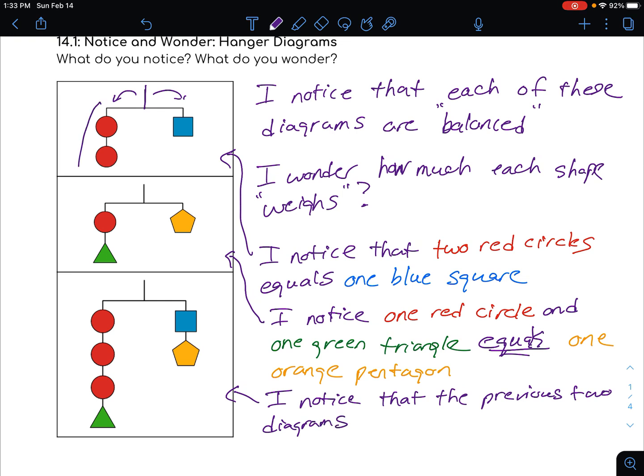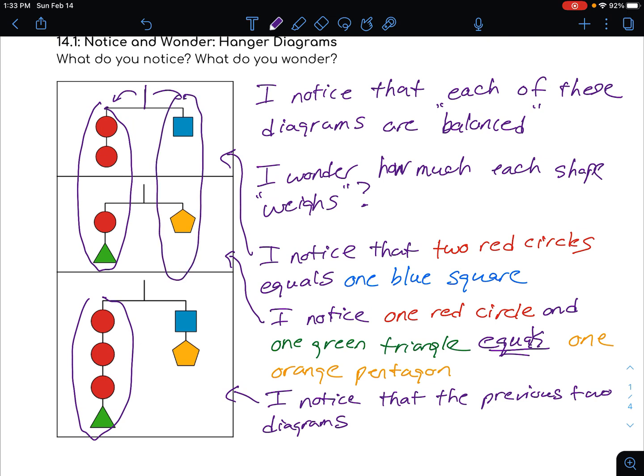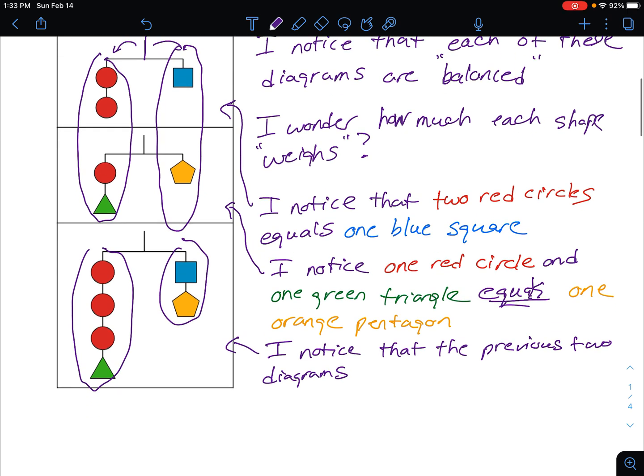The 3 red circles and a green triangle, and the blue square and the orange pentagon, and then we have the blue square and the orange pentagon. So they're added together to get the third diagram.